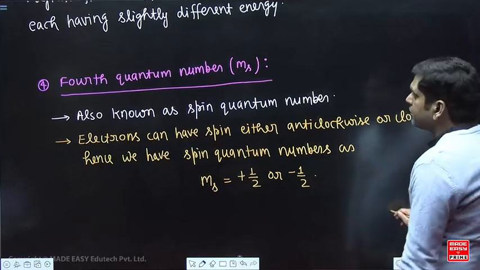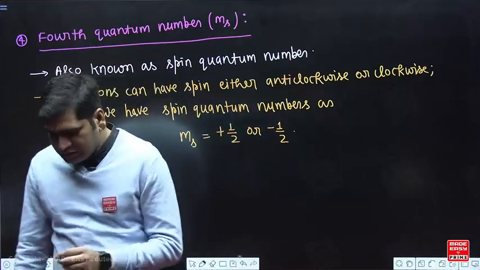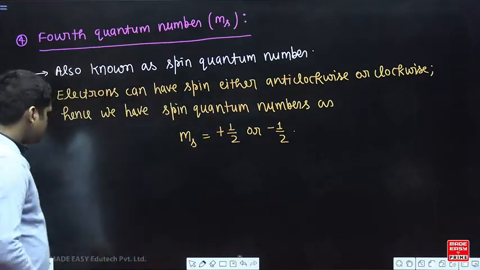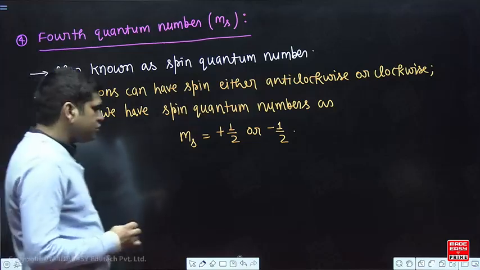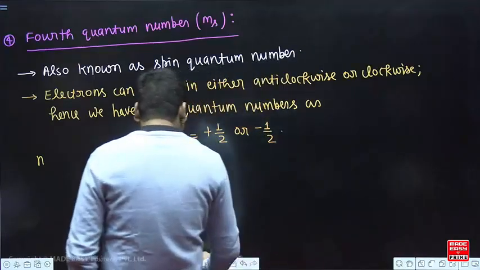Now one very important thing, Pauli said that for each electron there should be different set of quantum number. So let us suppose I talk about n is equal to 1. Let us suppose there is an electron at n is equal to 1.